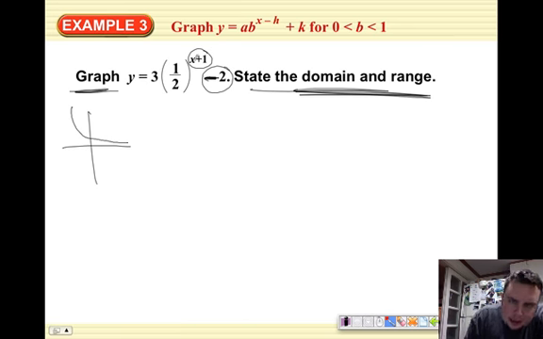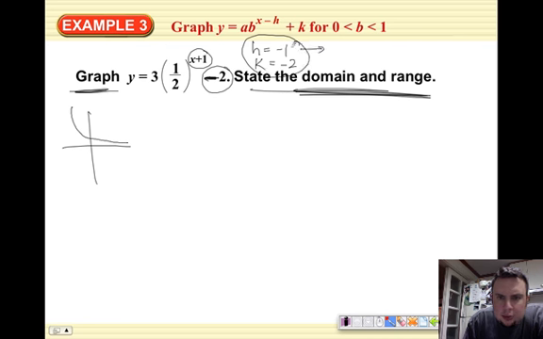But since it has this h and k here, that means it moved up, down, left, or right. So how did it move? H in this case is equal to -1. K in this case is equal to -2. H tells you left or right, so it moved left 1. -2 in the k means it moved down 2.